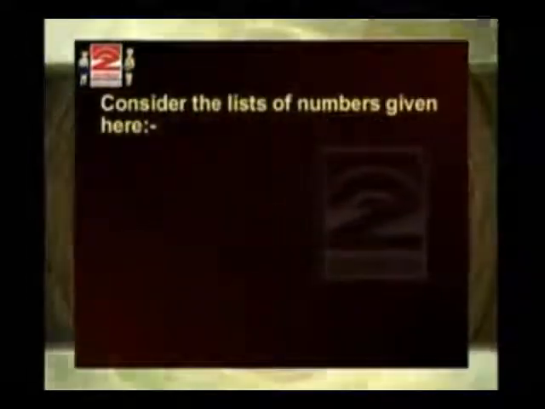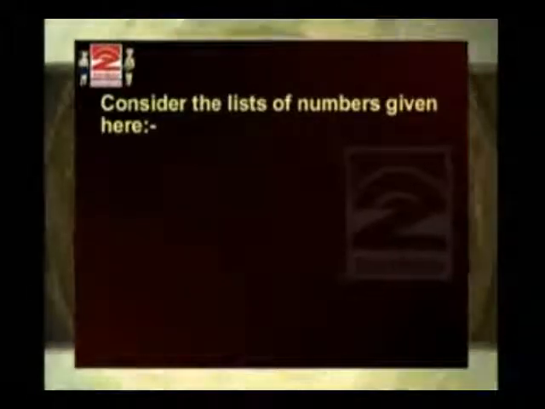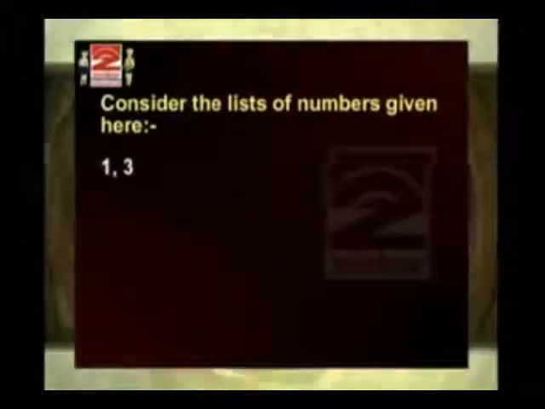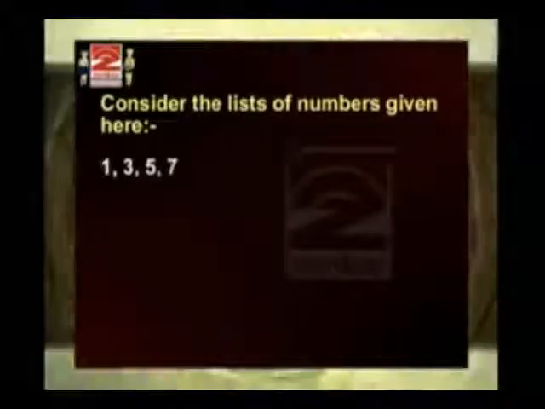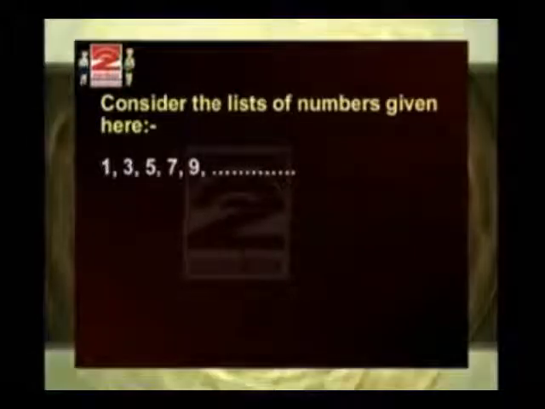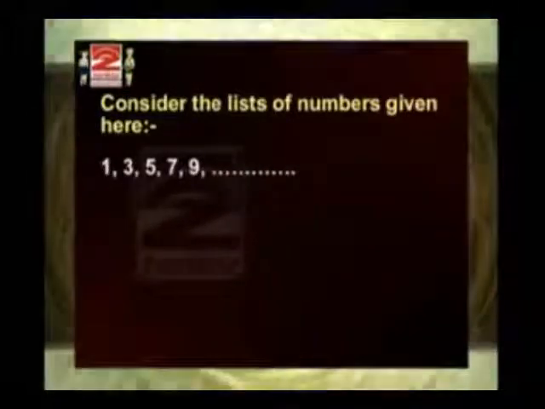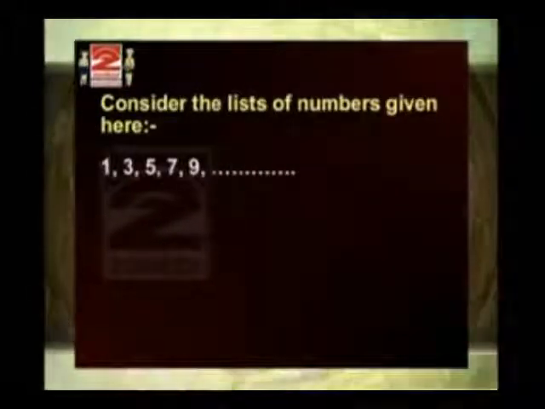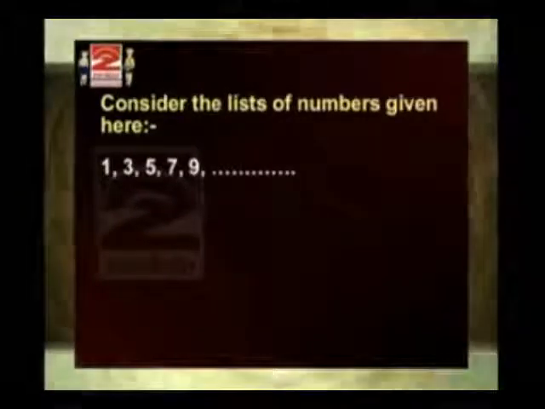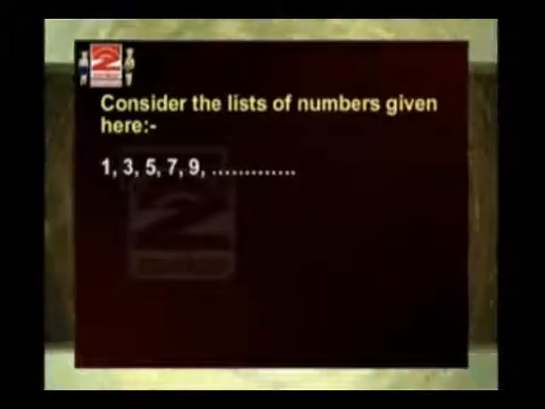Now consider the list of numbers given here. That is 1, 3, 5, 7, 9, ... So what pattern have you observed here? Yes, the difference in every successive number is 2.